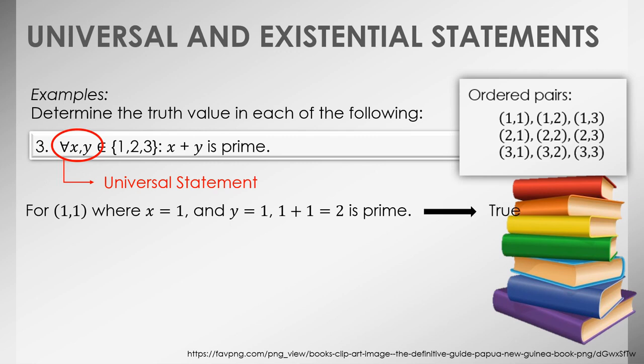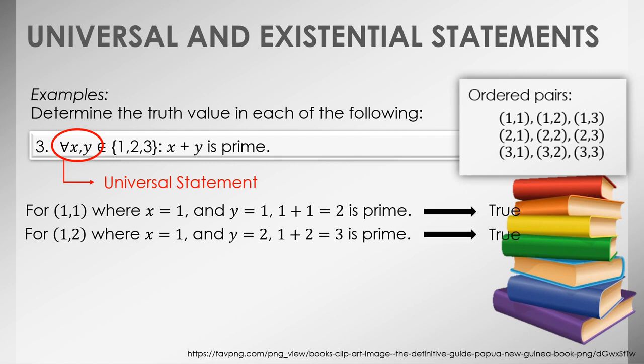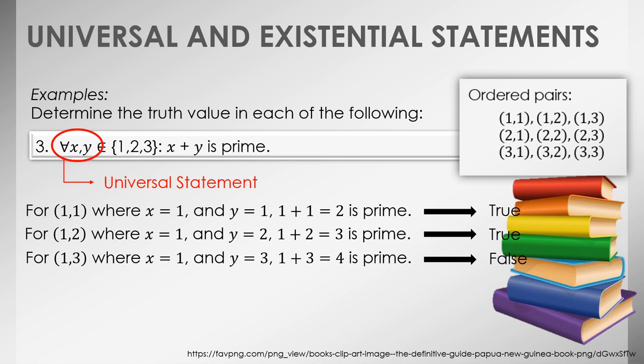Now, let us have the second pair, (1, 2). Applying similarly, we have this. For this pair, we have seen that it also makes the statement true. Moving to the third pair, (1, 3), we have this. Observe that the resulting number is 4 and is not prime. Thus, for the pair (1, 3), we can conclude that the statement is false.